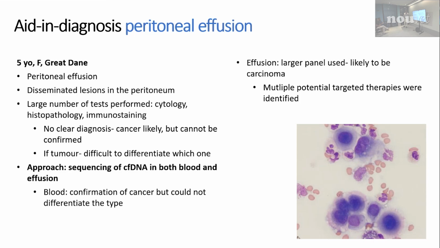In the blood, we confirmed that it was cancer, but we couldn't differentiate between the two. Then we sequenced the effusion using our tumor sequencing panel, rather than the one we usually use for the blood, just to have a larger scope. We found that it's likely a carcinoma, and multiple potential targeted therapies were identified as well.